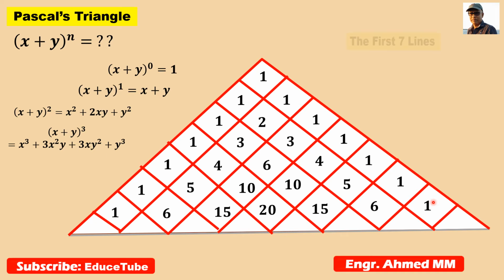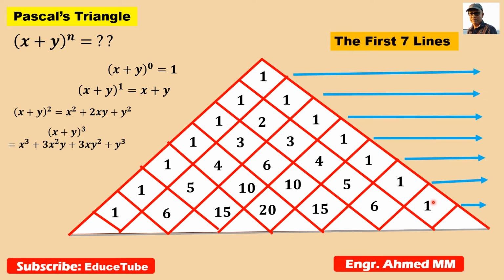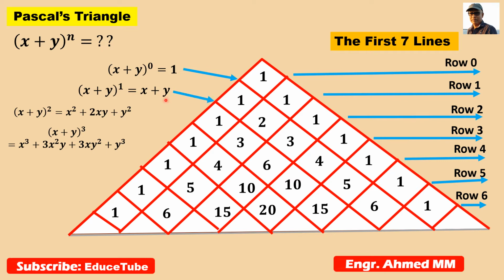Now let's put here, we will find 7 lines. These are the lines. Row 0 means this one. Again row 1 will be the second one. And row 2 will be this one.